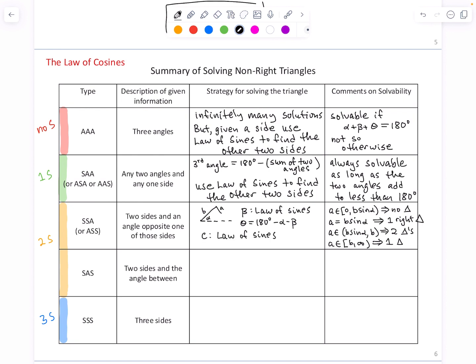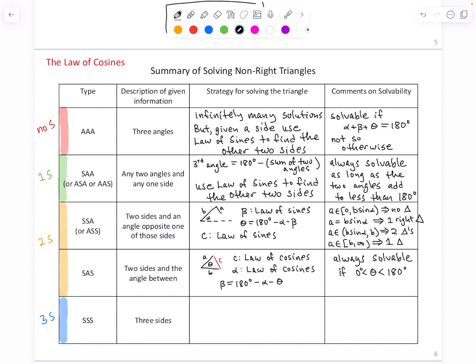Now, in the SAS case, where we know 2 sides and the angle between them, so let's say we know A, B, and theta, this was always solvable if that given angle theta was somewhere between 0 and 180 degrees, excluding the endpoints. And I would recommend finding C using the law of cosines, then alpha using the law of cosines, and then the final angle, beta, can be found by doing 180 degrees minus alpha minus the given theta.